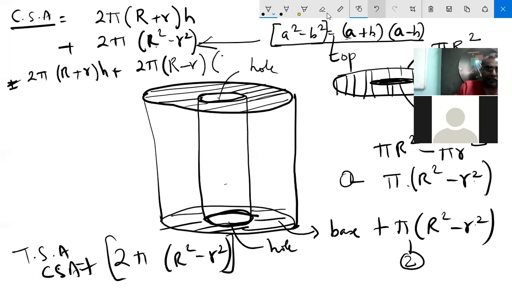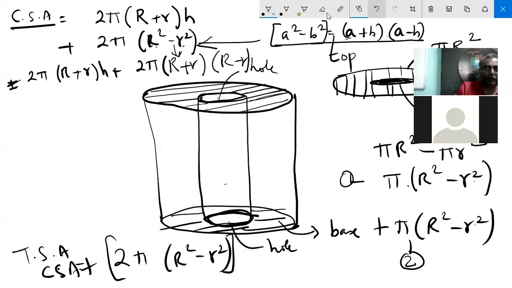A plus b into a minus b. Why are you struggling for that? R squared minus small r squared, a squared minus b squared. அவ்வளவுதான் டிஃபரன்ஸ். அதே ஃபார்முலா இங்க போடுப்பா. R plus r into R minus r.